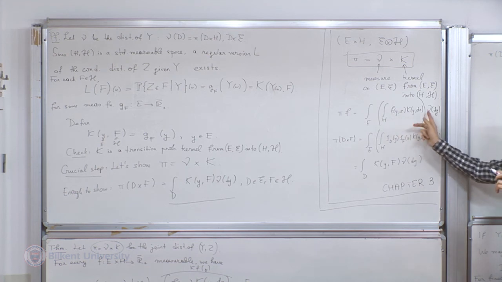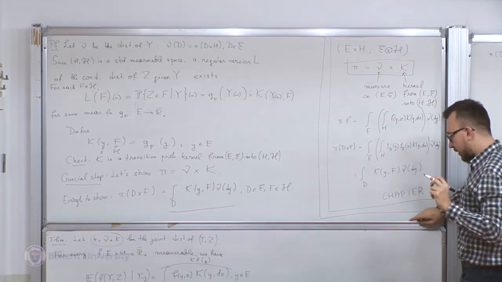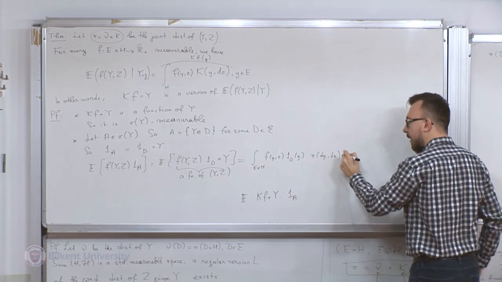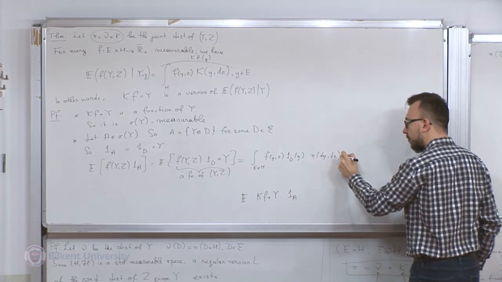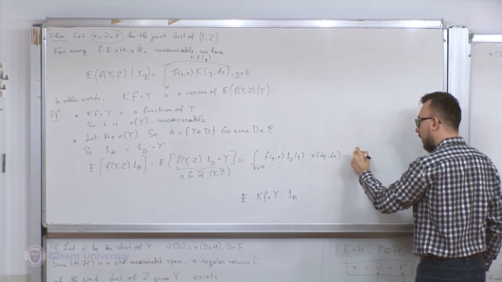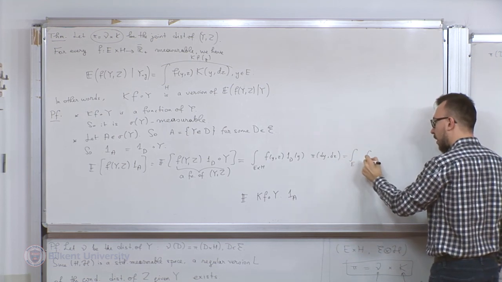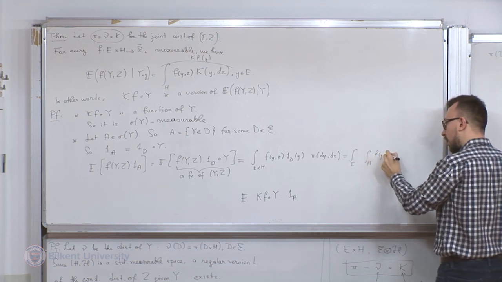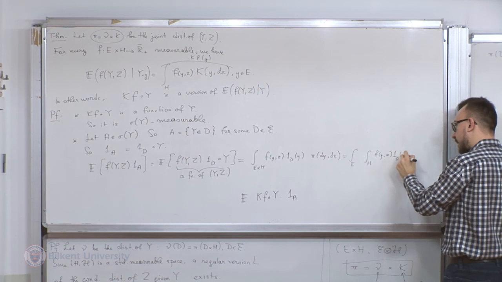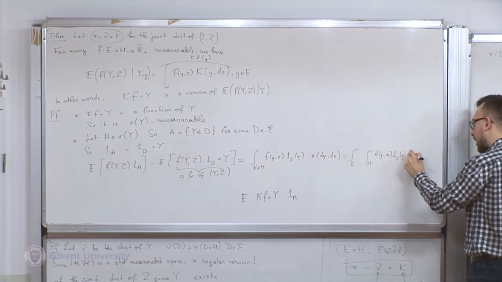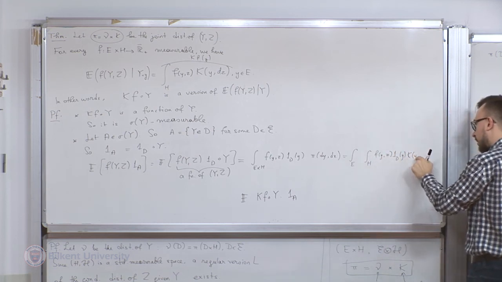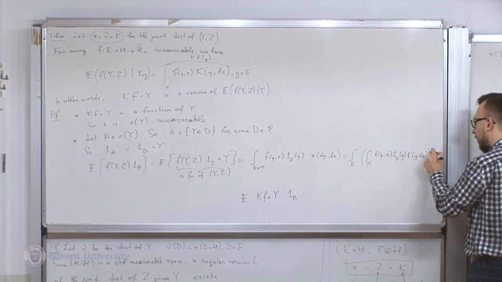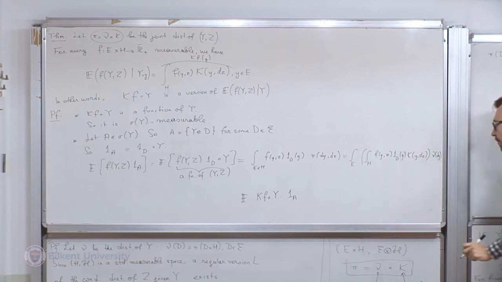Just nu cross k. So let's use this fact, nu cross k. Let me write here, okay? So this is my function which I'm going to integrate. Now, the inner integral is going to be with respect to the kernel, and the outer integral is going to be with respect to nu.